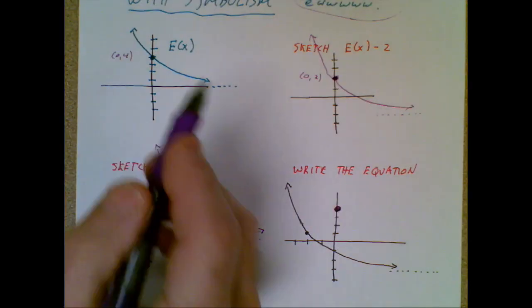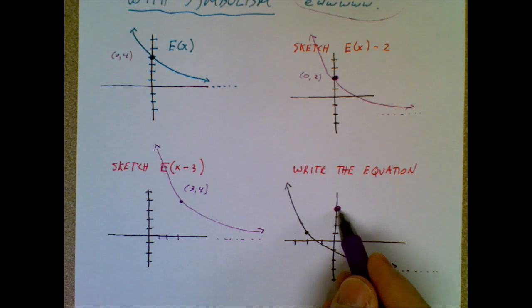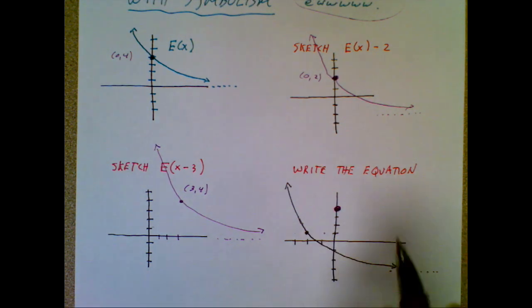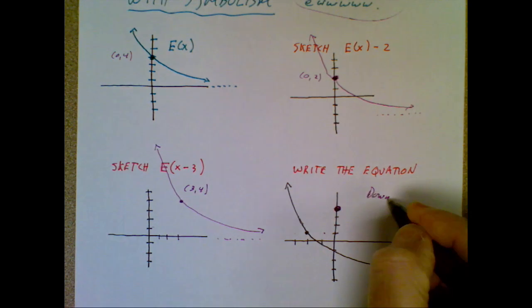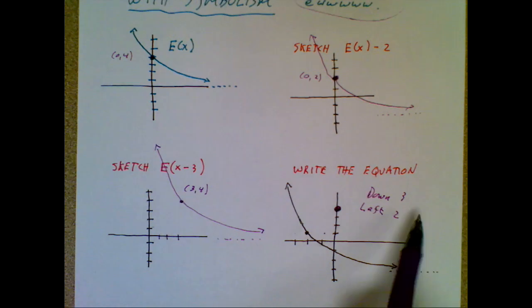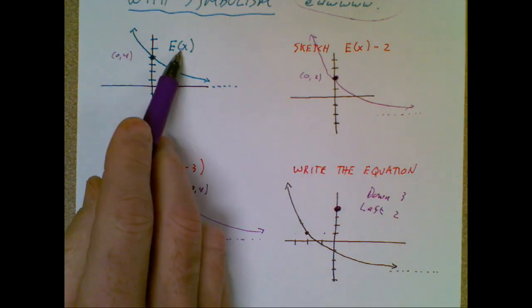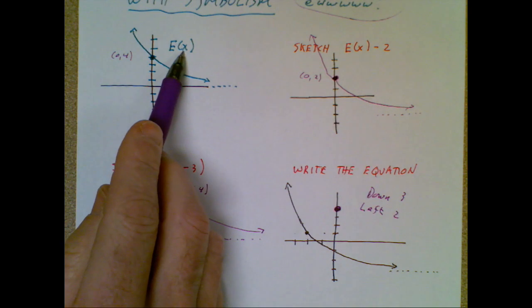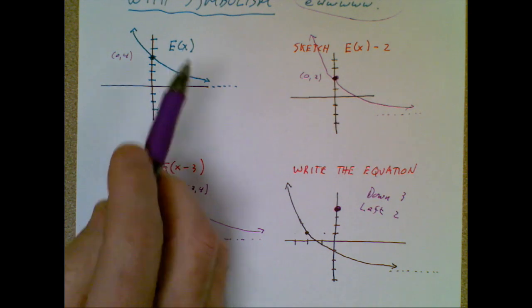Here was my original intercept, 0, 4, and it looks like this went down 3 and left 2. So I can even write that to myself. The down 3 is going to subtract 3. The left 2 is going to be influenced inside the x parentheses, opposite of what I think.